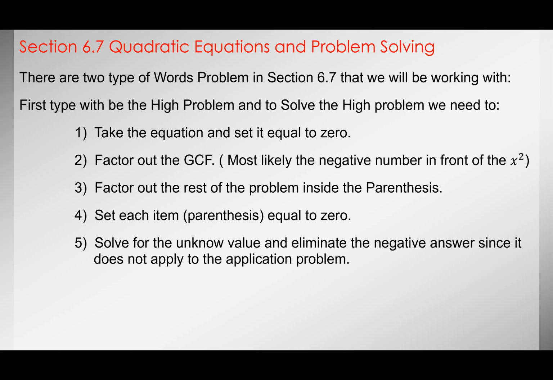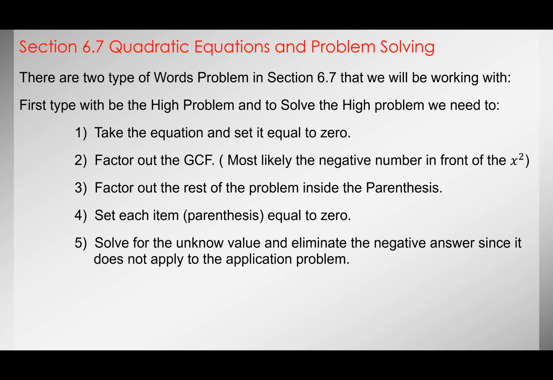So if you have the height problem, this is the step you need to do. The first step is to take whatever the height equation is, or whatever the profit equation, and set it equal to 0. Once you set it equal to 0, all you need to do is solve that equation by factoring. Most of the time, you can factor out the GCF, and the GCF is mostly the negative number in front of the x squared.